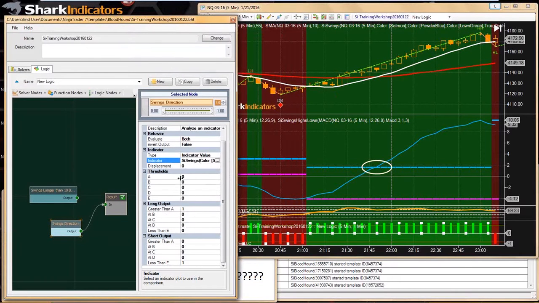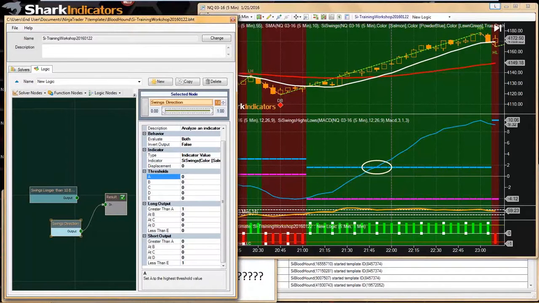And so my thresholds are all set to 0, because that data series is either going to be a positive 1 or a negative 1. And then my outputs are set accordingly. I get a long output when that data series is greater than 0.